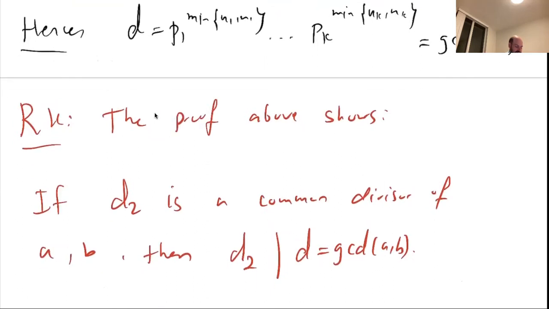I'm writing the corresponding version of this remark, which was about GCD. The GCD version said that if you have a common divisor of A and B, then the common divisor divides or is a factor of the greatest common divisor.